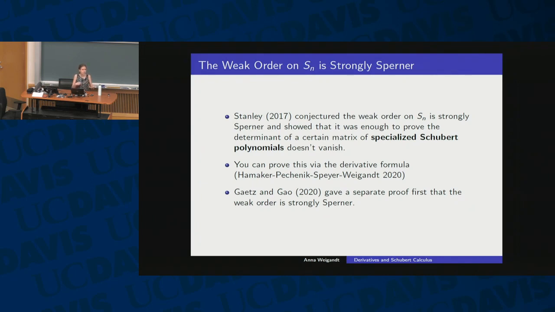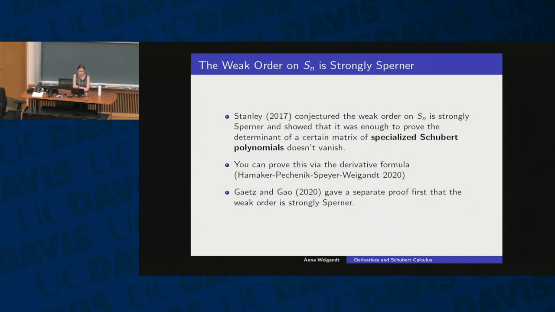It boils down to computing this determinant. And Stanley actually gave conjectural formulas for these determinants. So if you could prove that Stanley's formulas were right, then it was clear that the determinants didn't vanish, and so it was clear that you have the invertible linear transformations that you want.